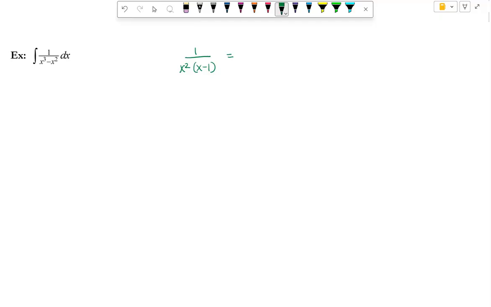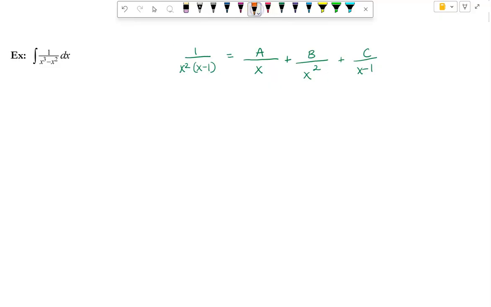So just like we did above, when I have a repeated linear, I'm going to first write my linear factor. Then I'm going to have my linear factor now to the second power. And then I've got my c over x minus 1.